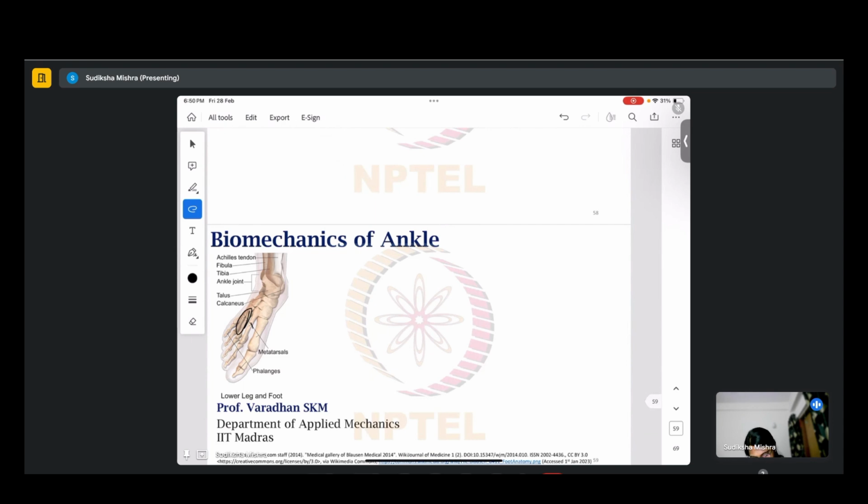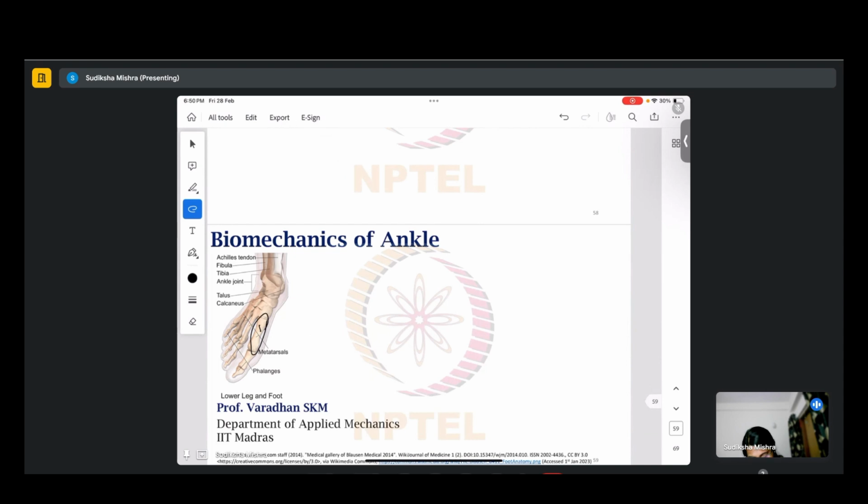This is the first metatarsal. Like in the palm, this is the first, this is the second, this is the third, this is the fourth, and the little finger is joined to the fifth metacarpal.